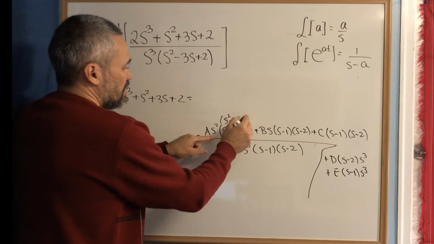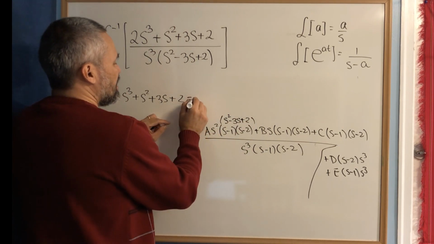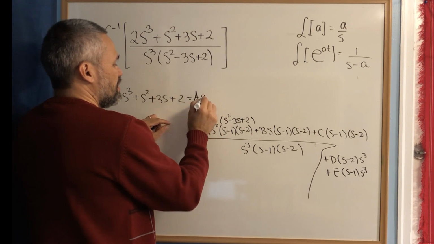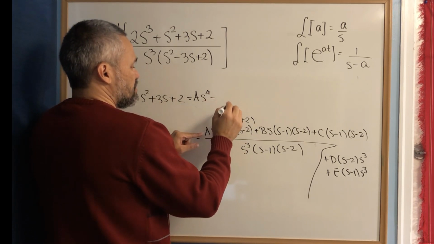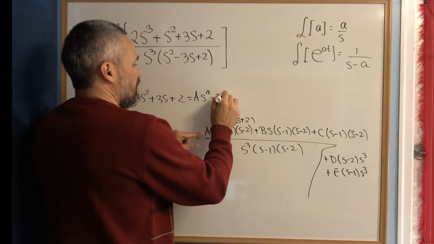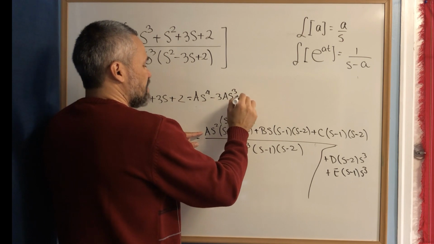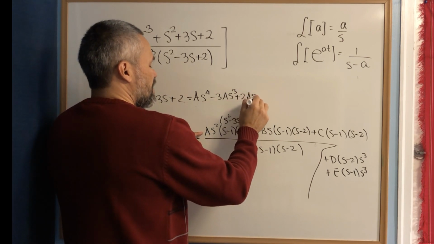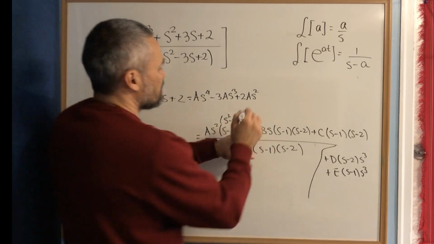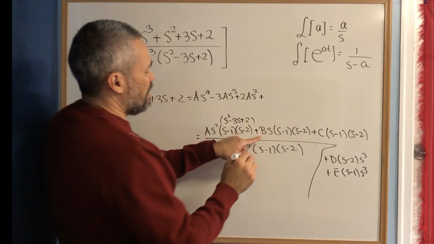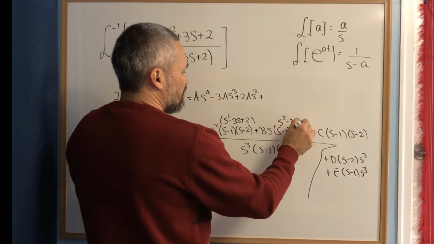When I expand this part, I will get a s to the 4 minus 3a s cubed plus 2a s squared. This is this part, and expanding the next part, remember that this part is s squared minus 3s plus 2.